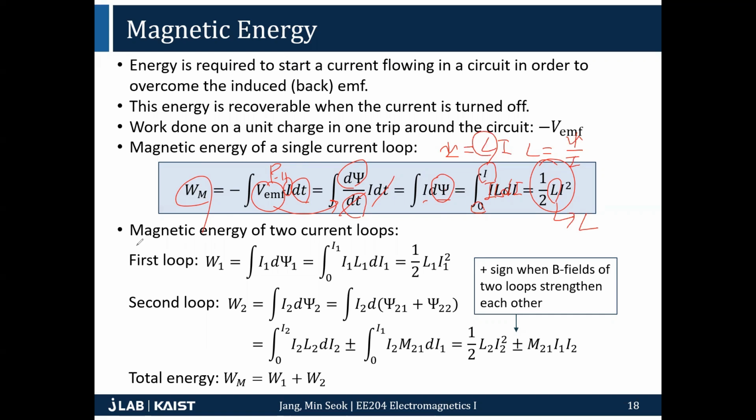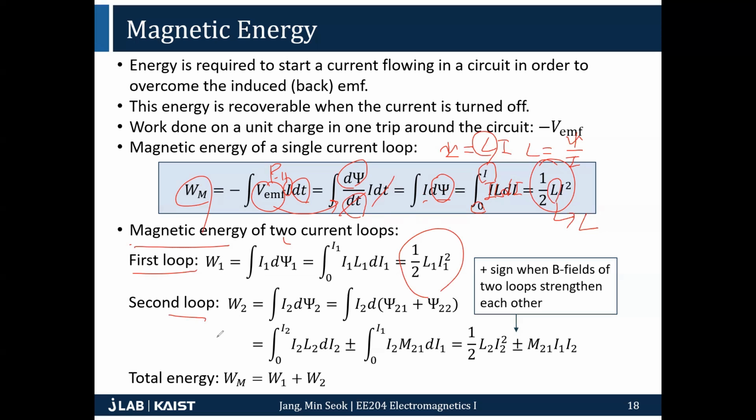And then what happens if we have multiple loops? Well, in this case, you need to carefully think about what's going to happen. The first loop, when you run a current through it, gives just a regular 1/2 L1 I1 squared.